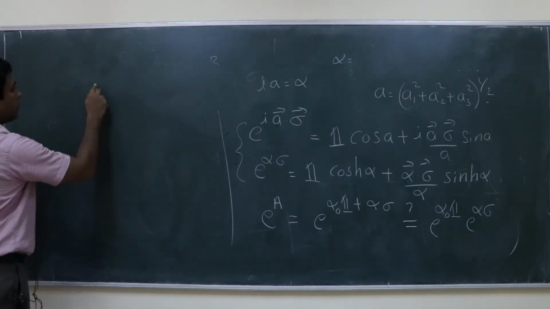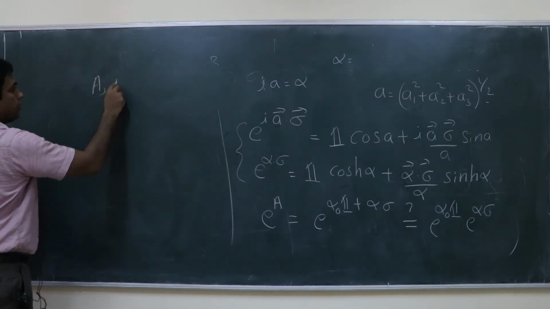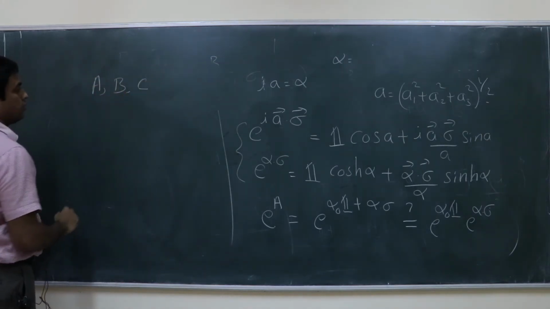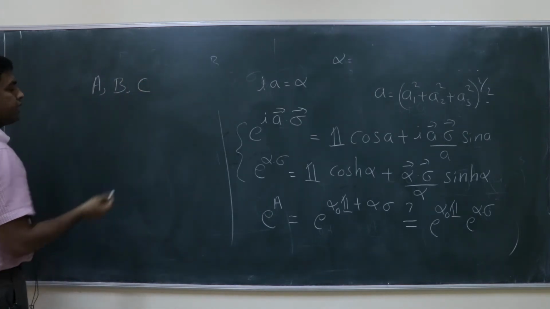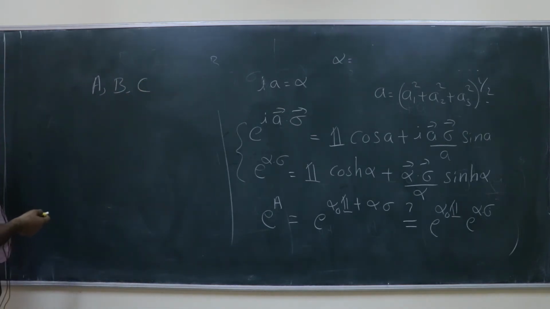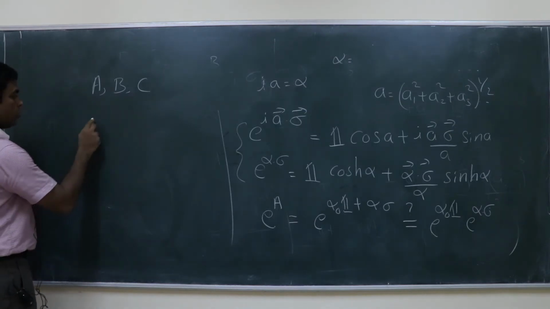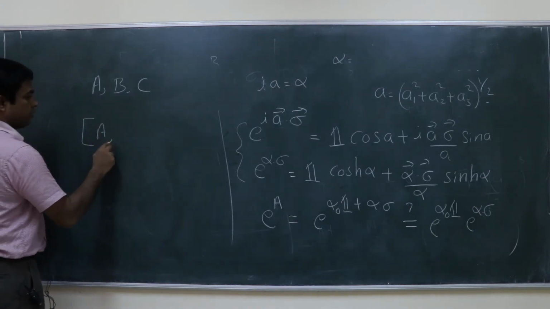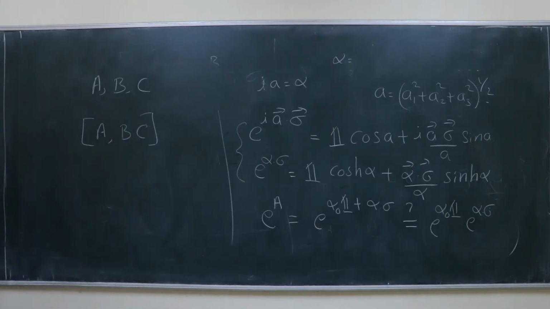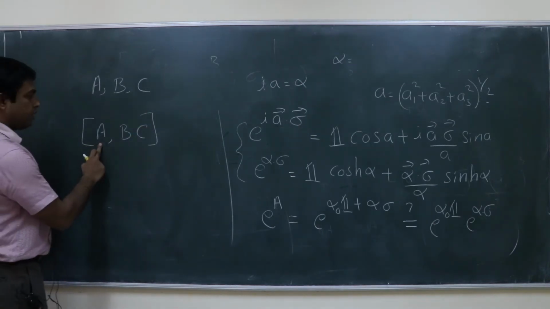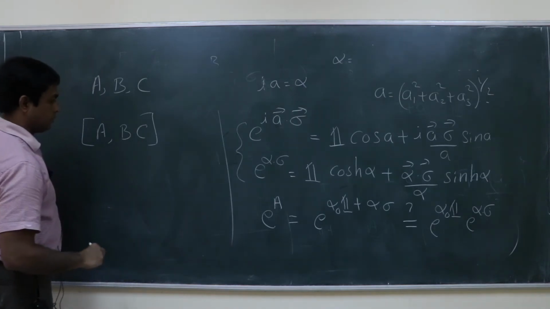So I have 3 matrices A, B, C. All these 3 are matrices. Okay. So any n by n matrix. Let us look at it that way. Now the question is, what is the commutator of A with BC? Okay. So A matrix, B matrix and C is also a matrix.